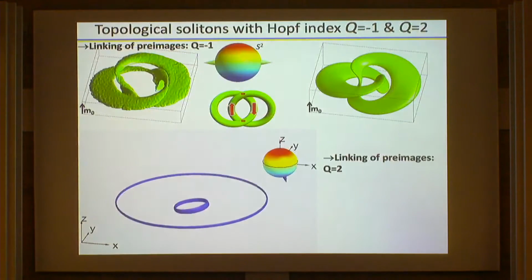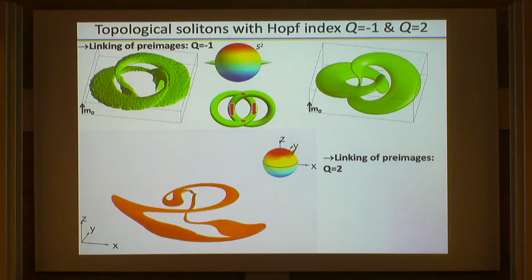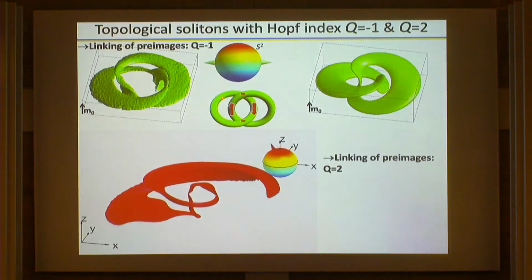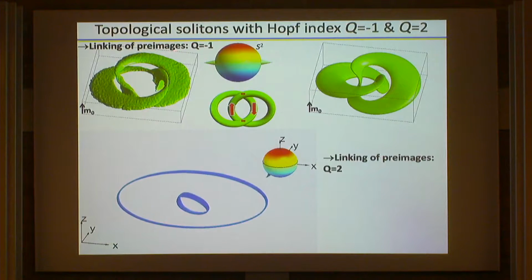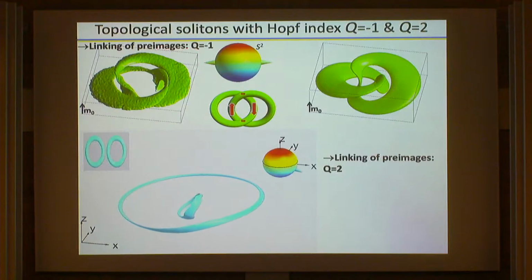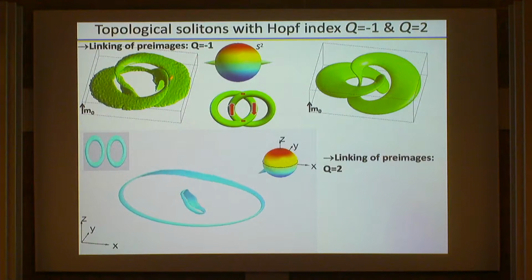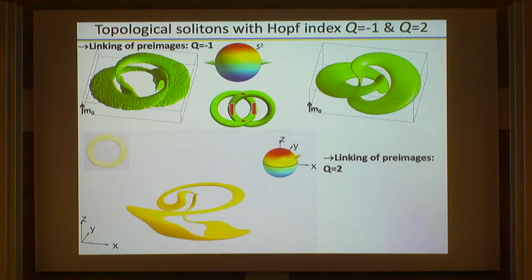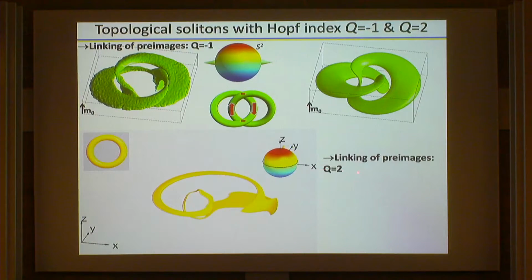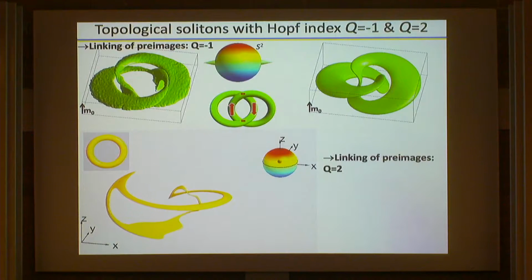All right, so now importantly, we can have many other types of solitons, and I'm showing only very briefly here the soliton with opposite sign, the elementary soliton with Q equal to -1, so the linking number would be -1. And then here, a soliton with Q equal to 2, so in this case, the pre-images would be linked 2 times, right?